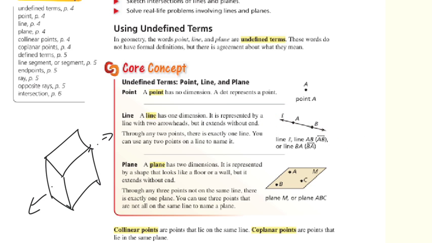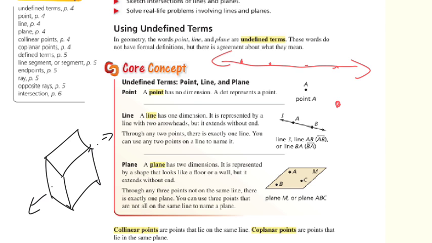Now, moving on down to planes. A plane is named using 3 non-collinear points. Let's see what we mean by that. The word collinear means all in a straight line. So for example, if I have several points like this, and they're all in a straight line together, they are collinear as a group.